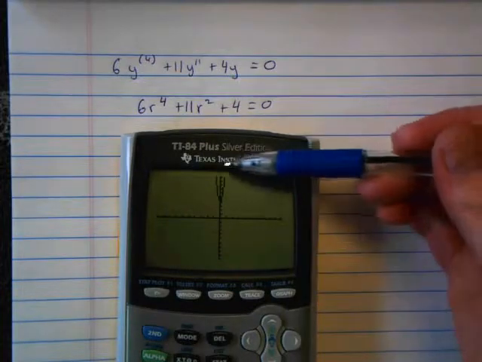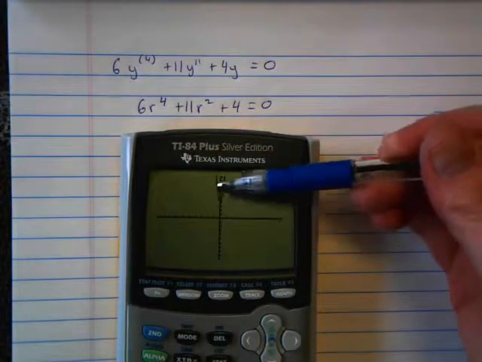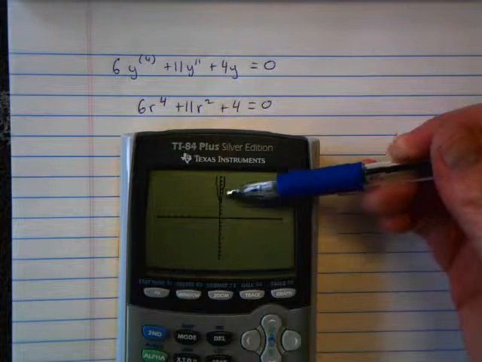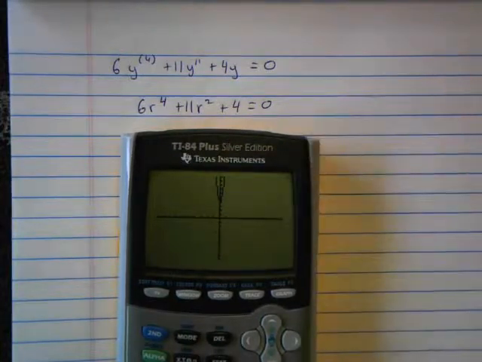I can see the graph. What's the thing that's got me worried? I don't see any real roots. Uh-oh. What do you do? No real roots, which means there are 4 complex roots.